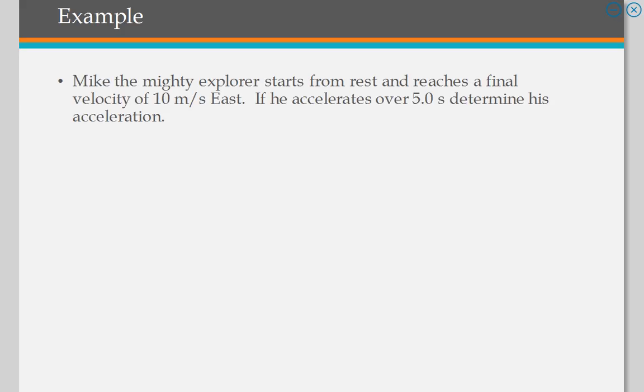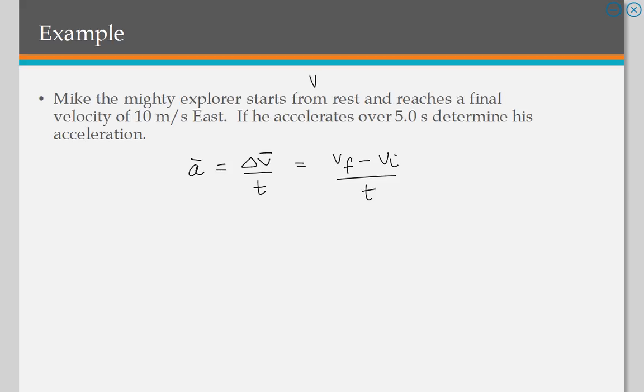Alright, so now we're just going to use the acceleration formula, which is Vf minus Vi over some time frame. So taking the given information, it starts from rest and reaches a final velocity of 10 meters per second east.